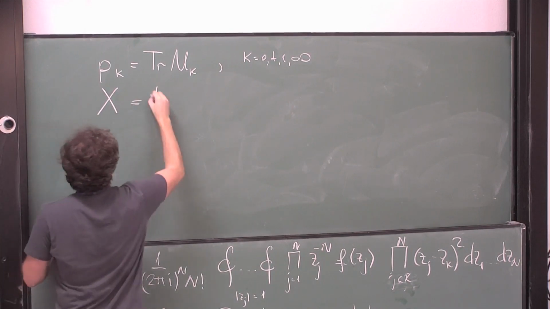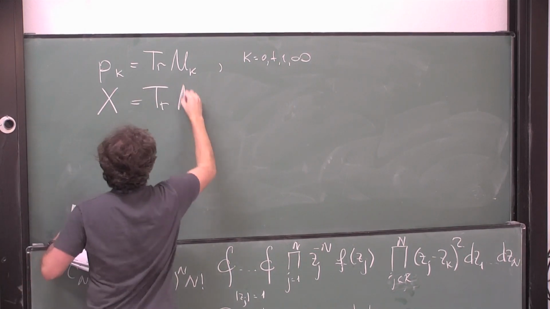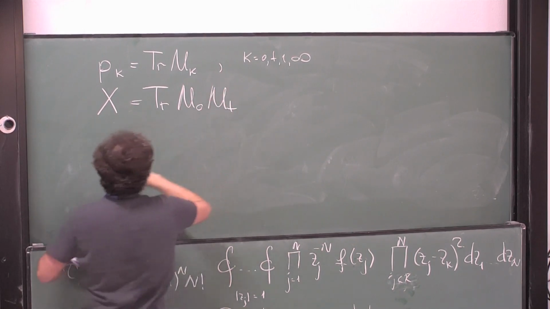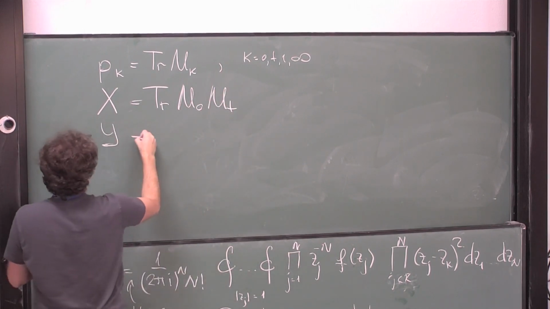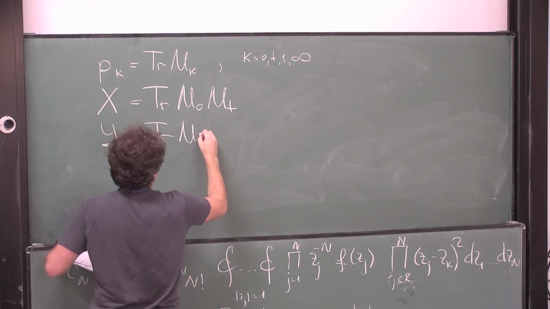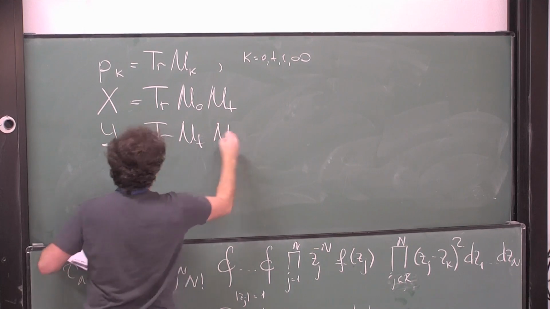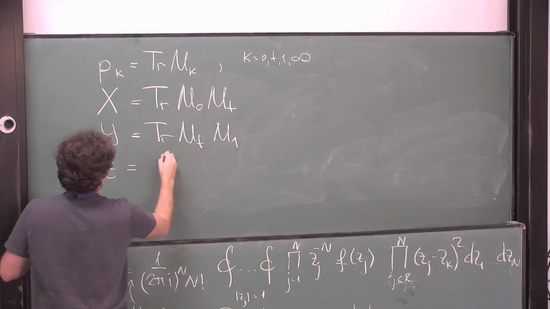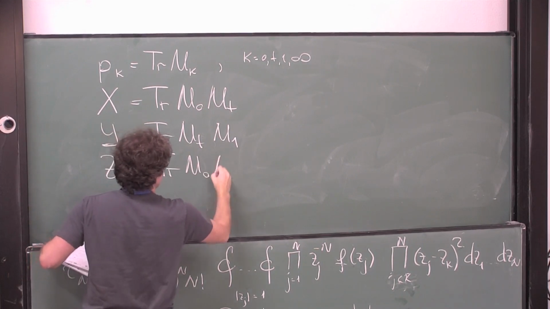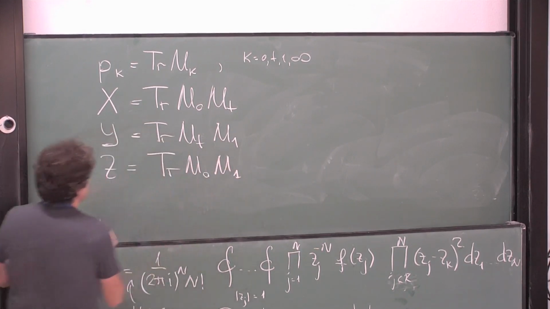X equal to trace of M0 times Mt. Y equal to trace of Mt and M1. Z equal to trace of M0 and M1.